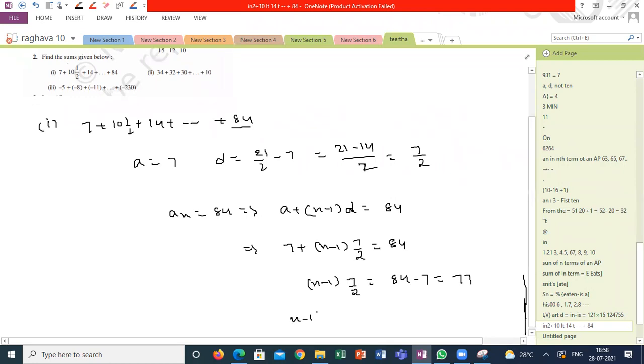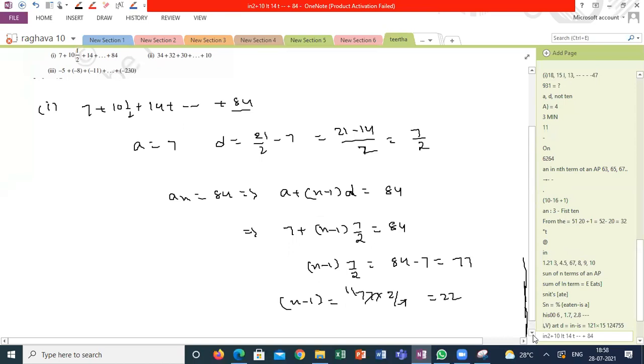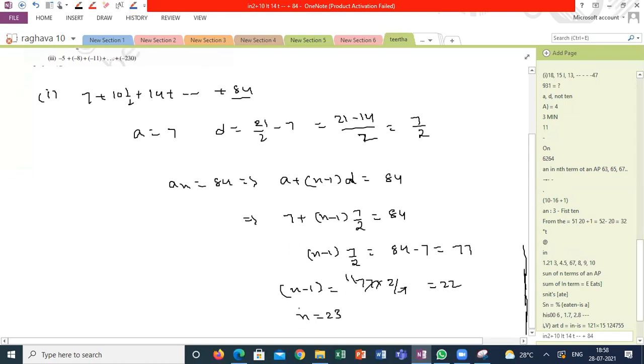From here, N minus 1 is equal to 77 into 2 by 7, 11 times 2 is 22. So I got N is equal to 23. He is asking S23.